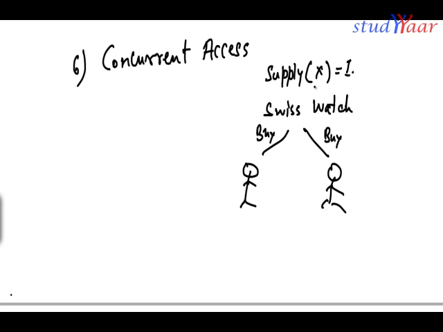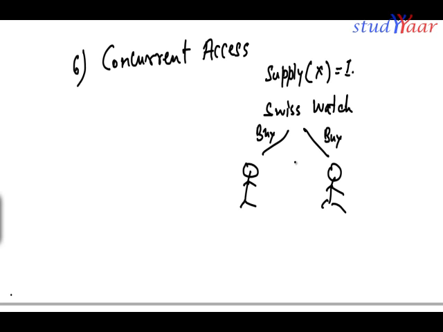So what's going to happen is, at the database end, the program is going to find that there is still one piece left, and since this is happening concurrently, both of these guys see that there is one piece left and they buy it, okay? But since there is only one piece left, only a single person can buy this watch.